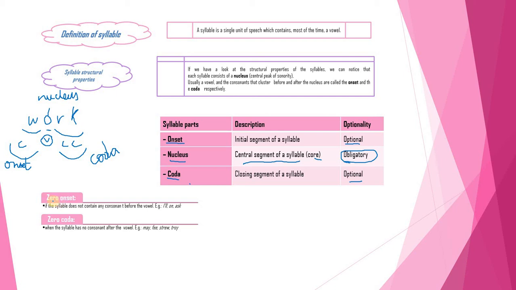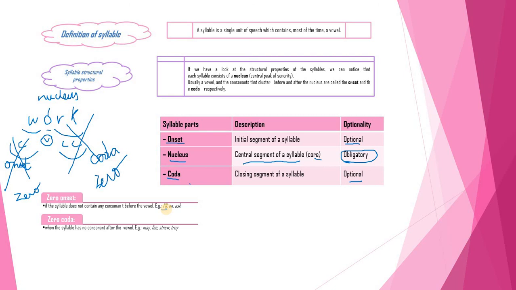And in case I don't have an onset or coda, we call it zero onset or zero coda. When this one does not exist, it is called zero onset, and if this one does not exist, we call it zero coda. So here we have examples.